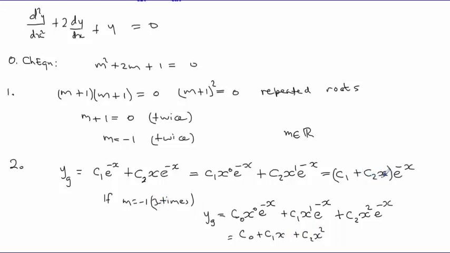Here it was a linear polynomial of order 1 for repetition 2, one less than that. So we have this, then e to the power minus x. This is what we do when it is repeated. I hope you can extend this to when it's repeated 4 times, 5 times, 6 times, and so on.